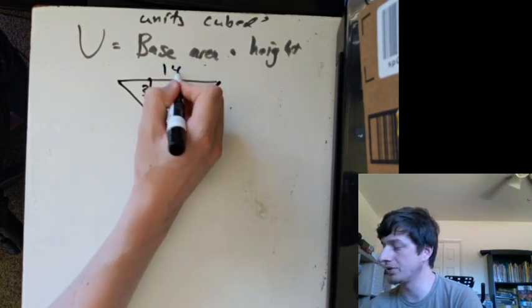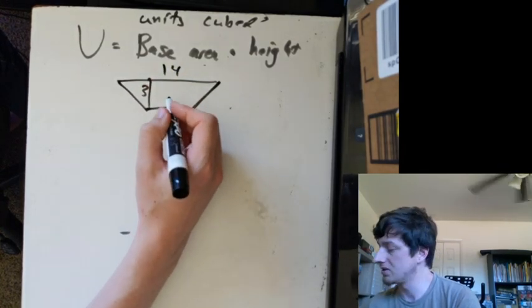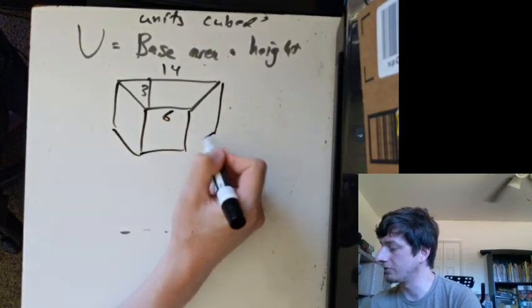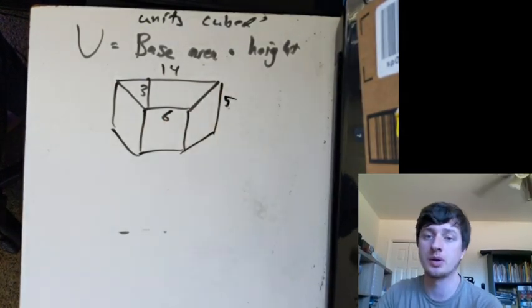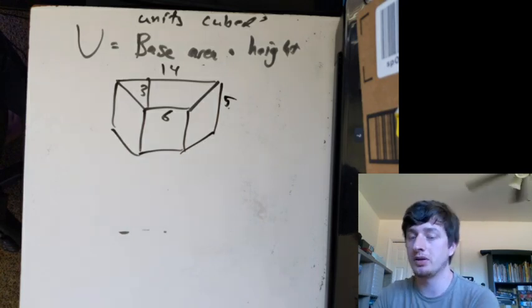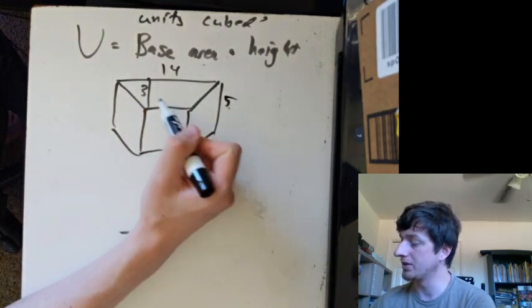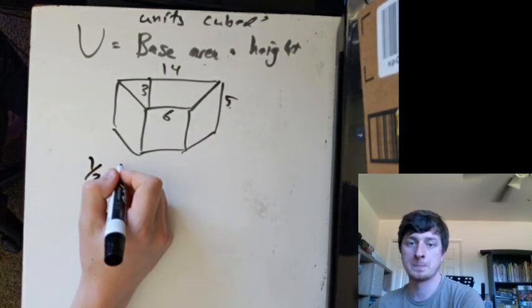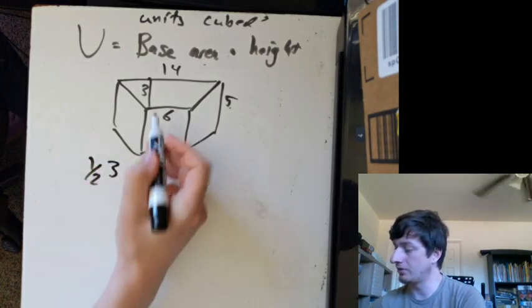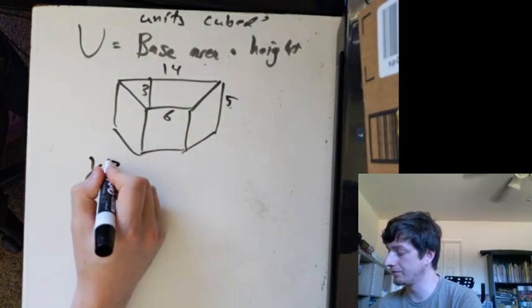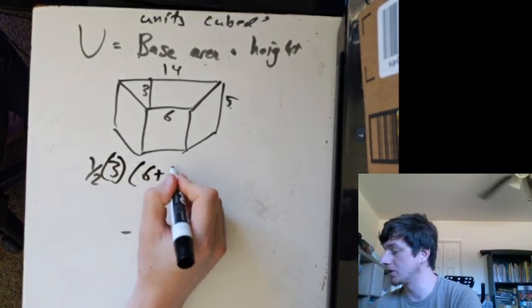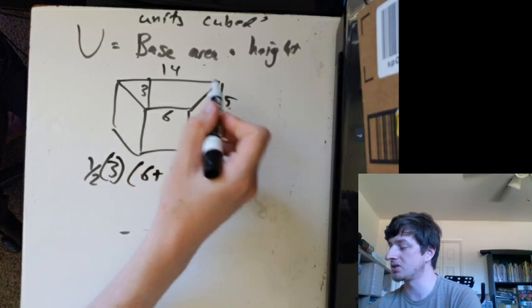This whole thing is 14. This is 6, and then the height here is going to be 5. Okay. So to find the area of this base, this trapezoid, you do half of the height, 3, times 6 plus 14. So we're averaging the distance here.